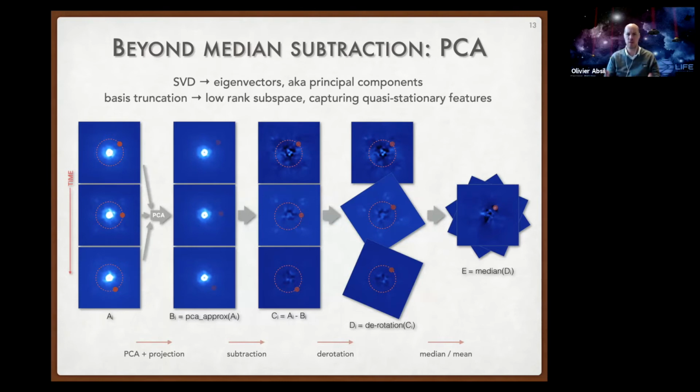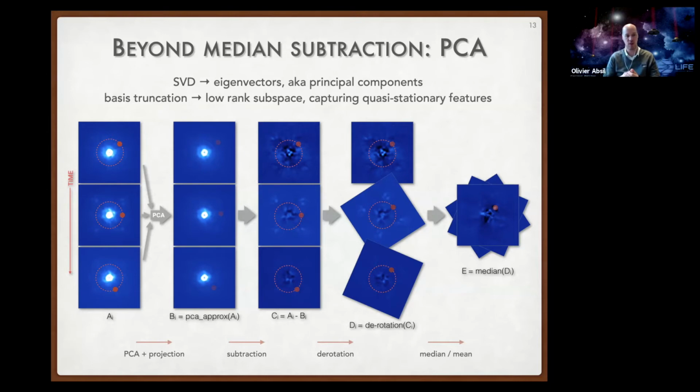This can also be called principal components. These principal components are ordered by the quantity of information they reproduce from your sequence. So the first few principal components will contain most of the signal that is quasi-static in your images, while the higher principal components will capture features that are more transitory.